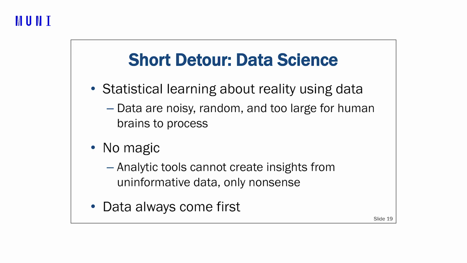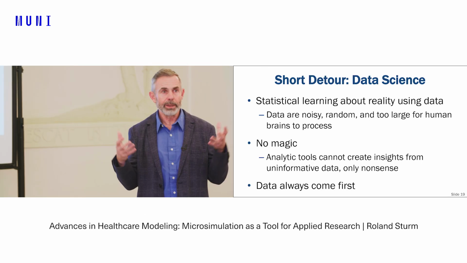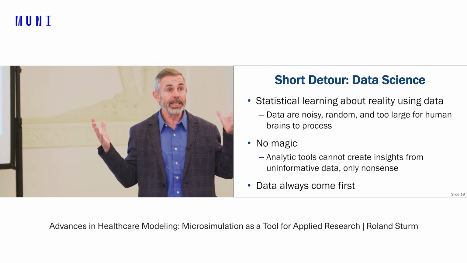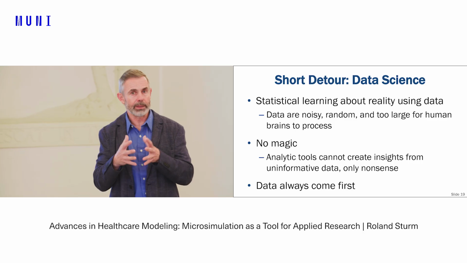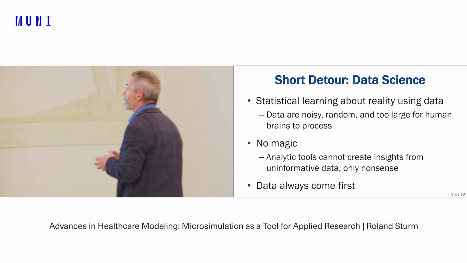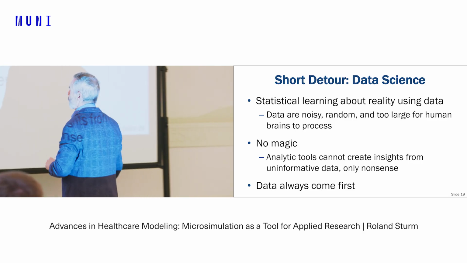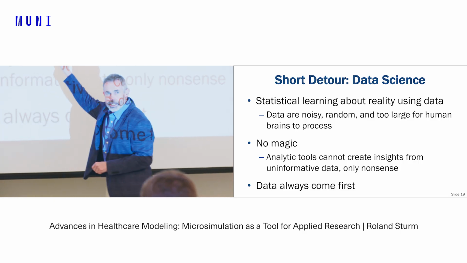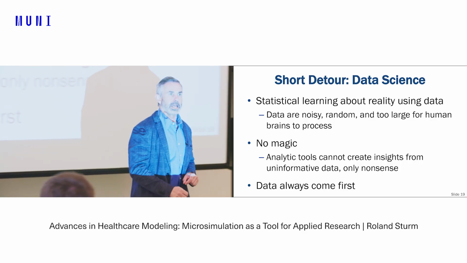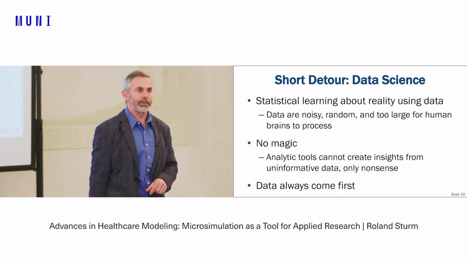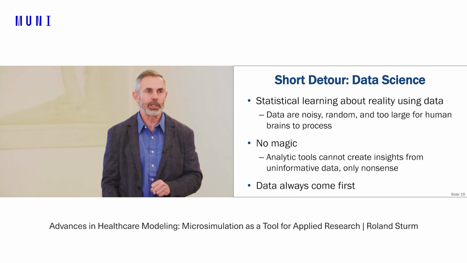Data are noisy, data are random, and data, most importantly, they're too large for human brains to wrap around. We have millions of observations. We can't do that. We need to compress them somehow. And that's where statistical learning comes in. There is no magic. Okay, let me repeat this. There's no magic. People these days want the magic. They flip the artificial intelligence switch, the machine learning.